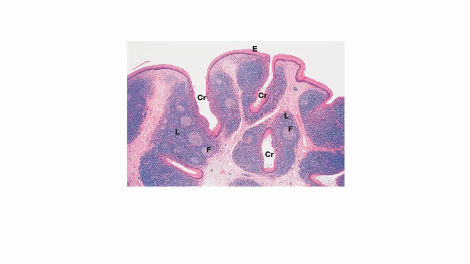So this is actually the slide of the posterior 1/3 of the tongue, where you can see the crypts and the lymphatic follicles, which are the lingual tonsils. This is the lingual tonsil present in the tongue posteriorly.